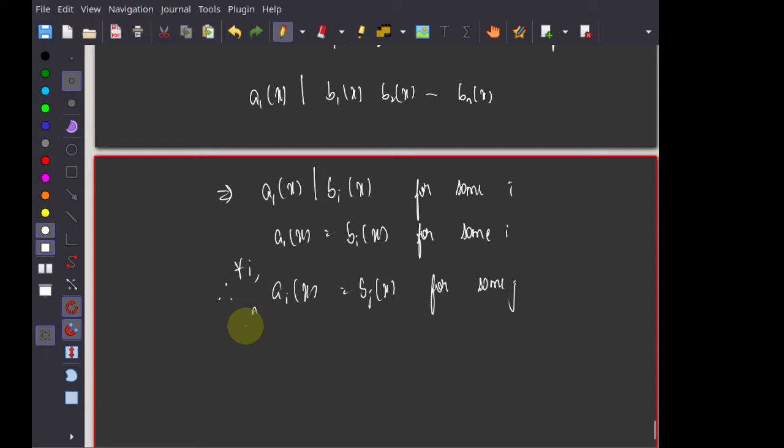Okay. So of course constants are irreducible. What about x? What about polynomials of degree 1? By definition, they're always irreducible.